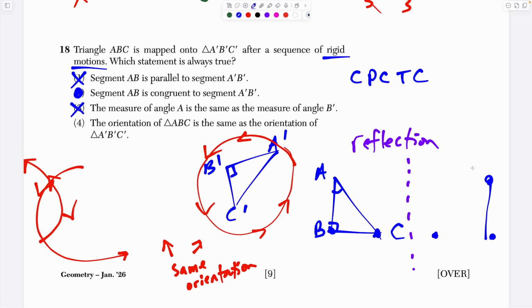Let me draw these line segments in neatly. So my image would land somewhere over here, and this would be A prime, B prime, C prime.